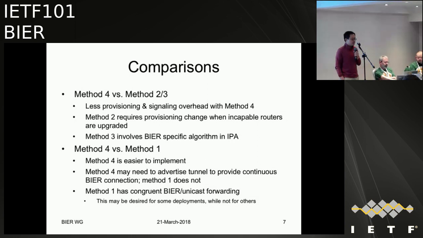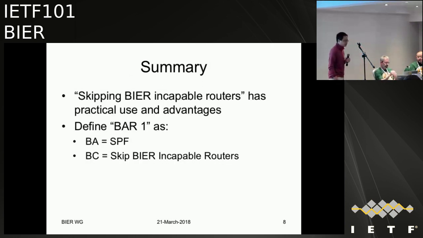Now, one important property here is that with method number 1, you have congruent forwarding between beer and unicast. With number 4, essentially you're making them incongruent, but that is something that's maybe desired in some situations, or maybe not desired in some other situations. Next slide.